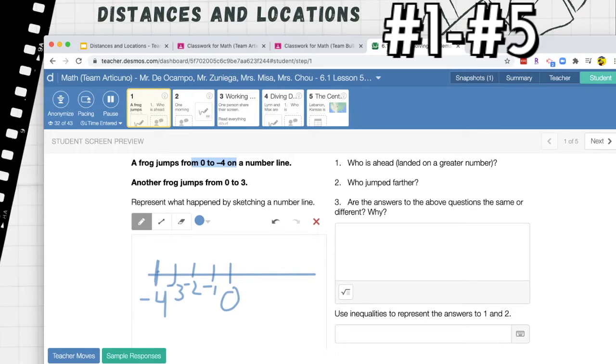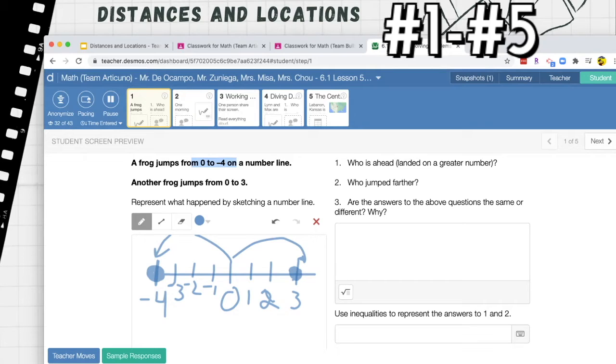If I feel lazy, or if I just want to go faster, I could just go here. So a frog jumps from 0 to -4 on the number line. Another frog jumps from 0 to 3. 1, 2, 3. Here's another frog, and it jumps over here. Here's my number line. Here's one frog. Here's the other frog.